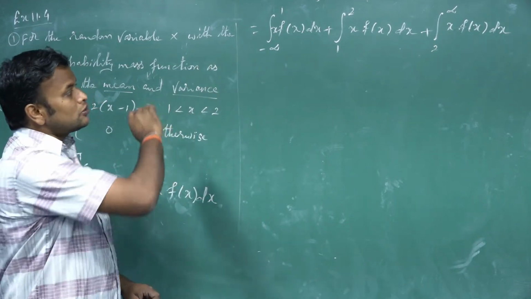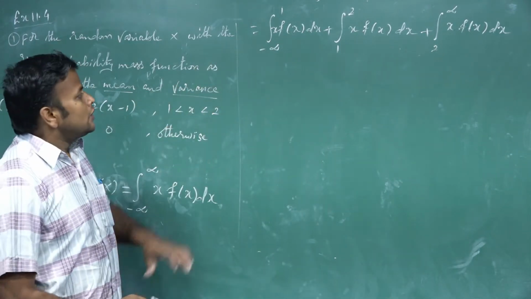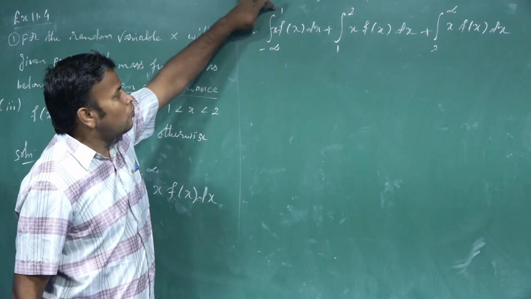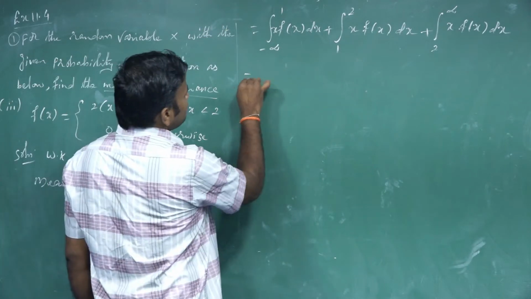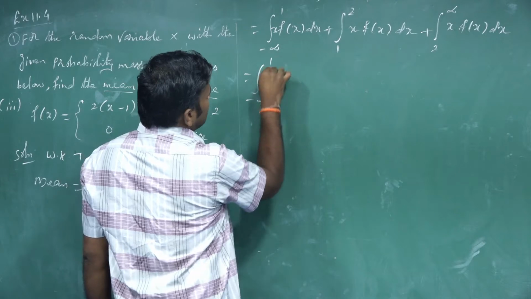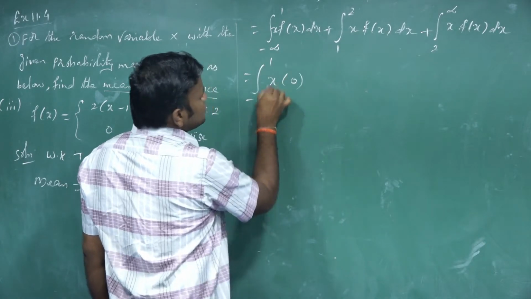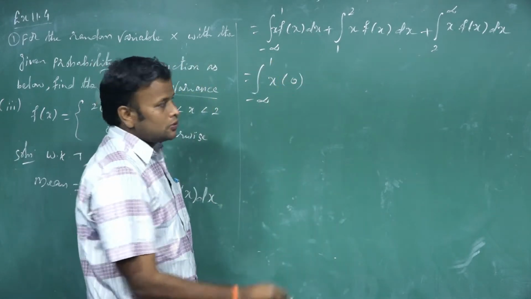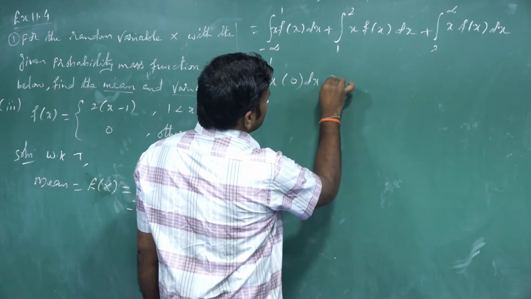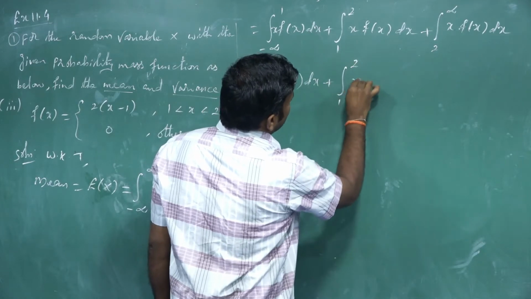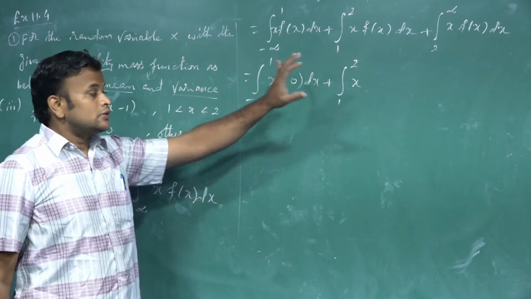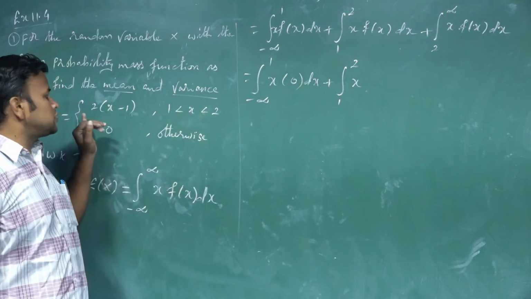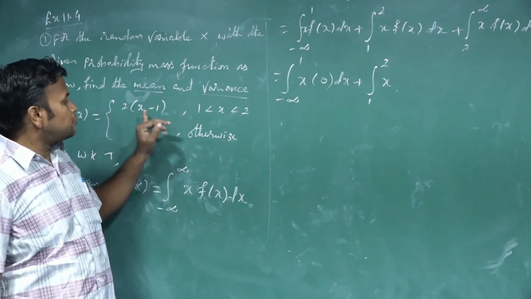What is the meaning of splitting into 3 integrals? In the interval minus infinity to 1, our f of x value is defined as 0. So 0 into dx, plus 1 to 2 x. But in 1 to 2, f of x is defined as 2 into x minus 1.